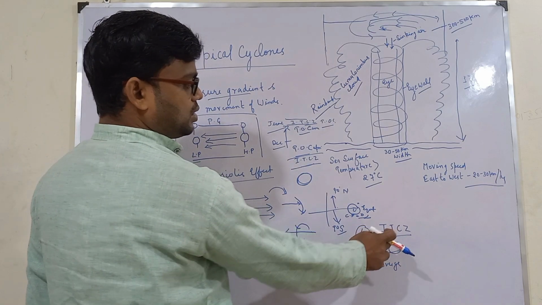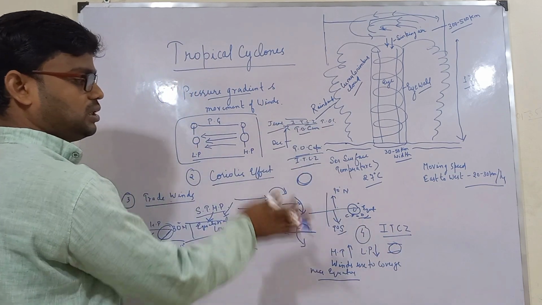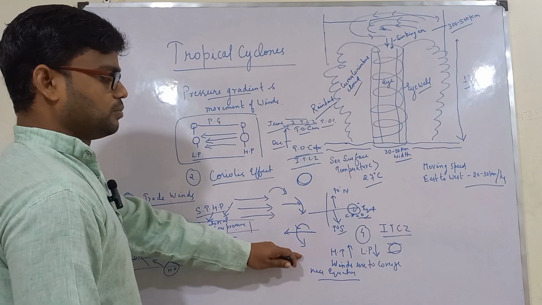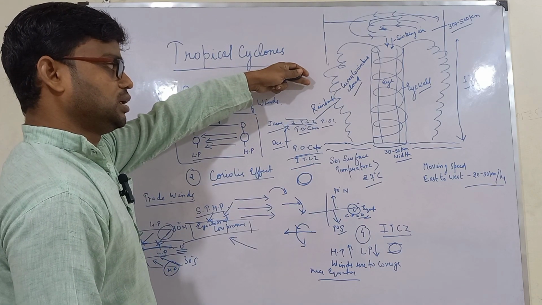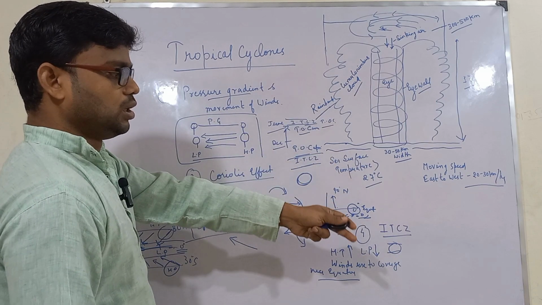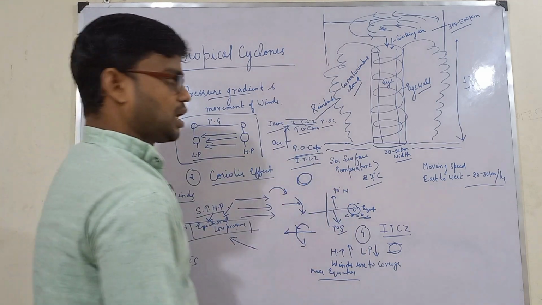Remember that this ITCZ shifts its position with the apparent movement of the sun, from 0 degrees to 25 or 30 degrees north and from 0 degrees to 25 or 30 degrees south.